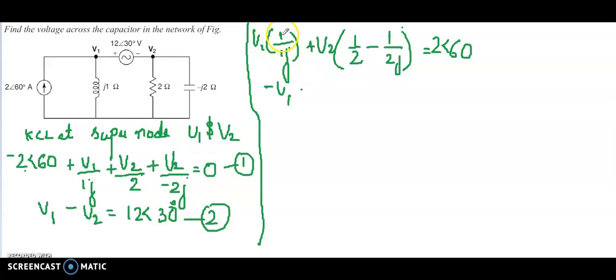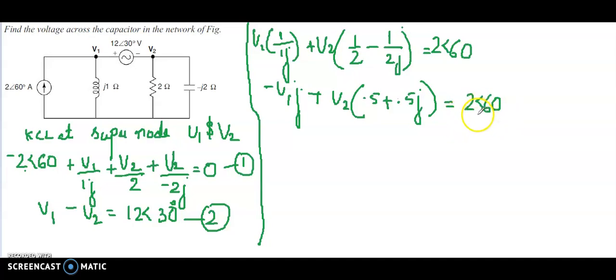When j goes to the numerator, it becomes minus. Therefore, we can write minus V1 into j plus V2 into 0.5 plus, this j on going to the numerator will become minus, therefore 0.5 plus 0.5j is equal to 2 angle 60.